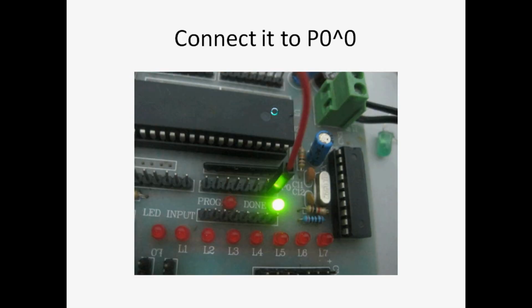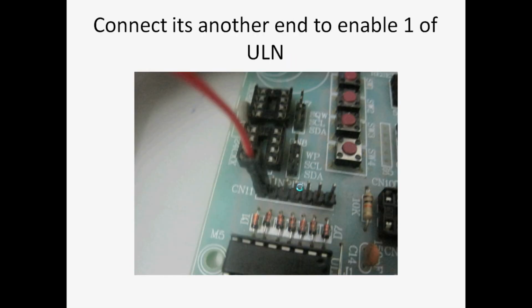Take another jumper, connect it to the port 0 pin, and connect the 0th pin of port 0 to the input side of the ULN IC.